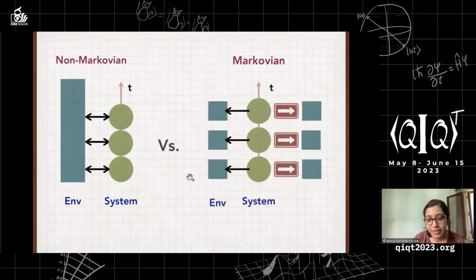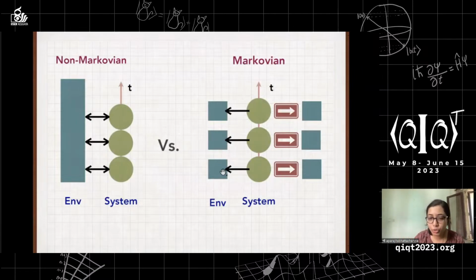However, in the Markovian scenario, the system interacts with the environment for a small period of time, and after that the system throws away the environment, and again it interacts with a fresh new set of environment.